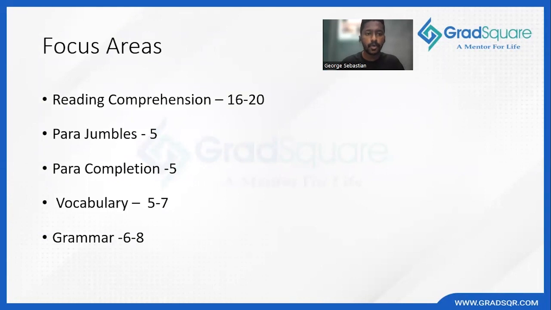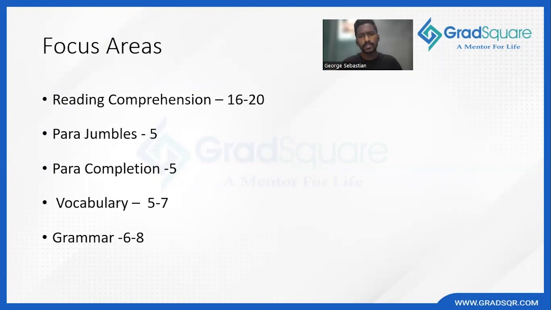Here, we can expect at least 16 to 20 questions from reading comprehension alone. In the case of para jumbles and para completion together, we can expect around 10 questions from these areas.